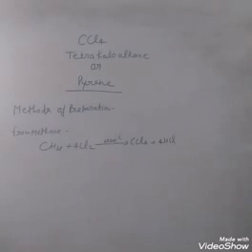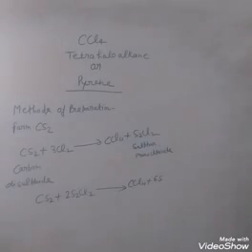Chlorine reacts with carbon disulfide in the presence of catalysts like iron, iodine, aluminium chloride or antimony chloride to yield carbon tetrachloride. This reaction is completed in two steps.